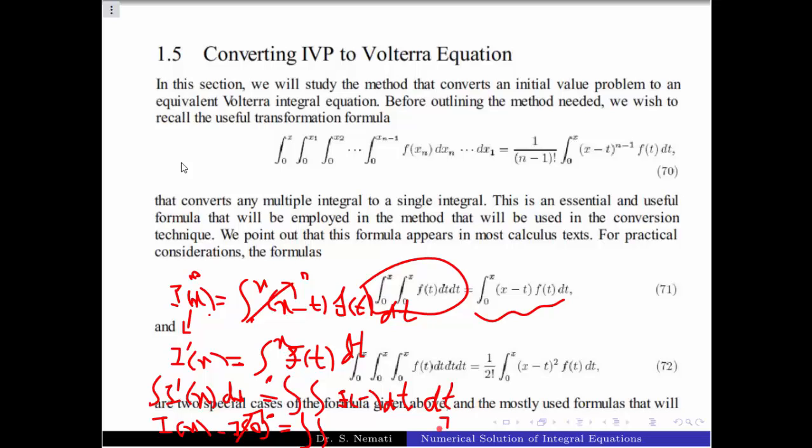So we have I of x equals double integral of f, which is the expression in the left hand side of this equality. So we prove that the equality 71 is true.